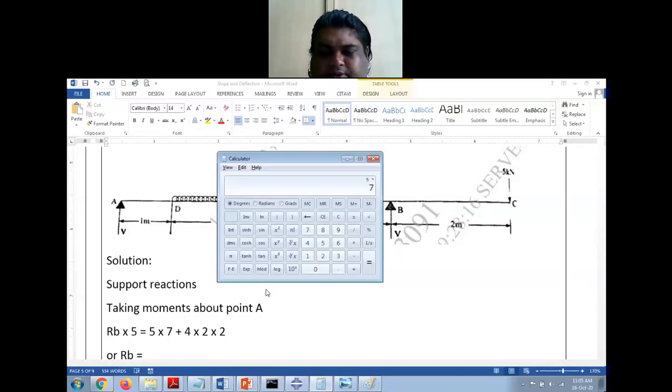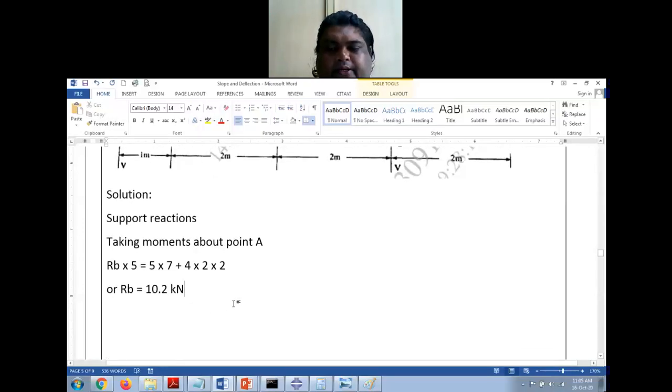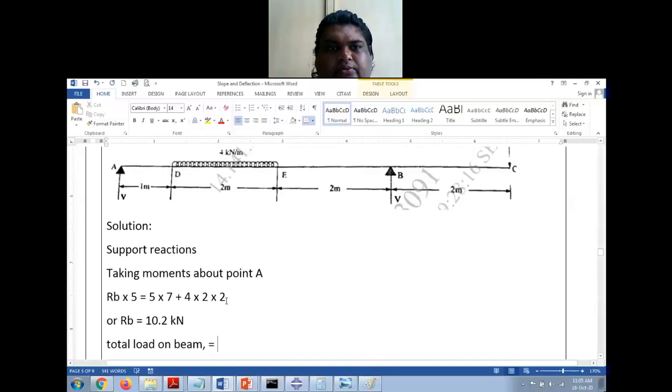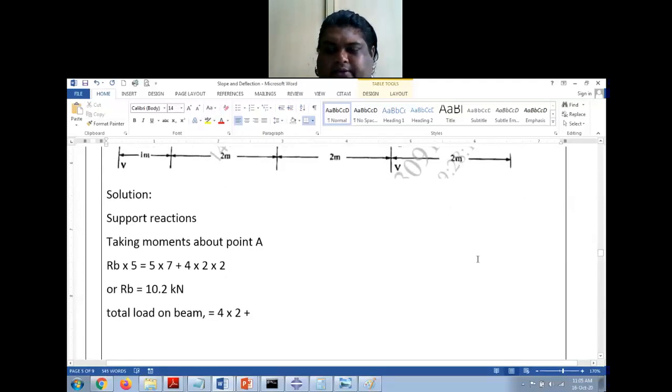5 into 7 plus 4 into 4, 51 by 5, 10.2, right? 10.2 kilonewton. Now the total load on beam is equal to 4 into 2 meters, this is the UDL, plus I have 5 kilonewton at the end.